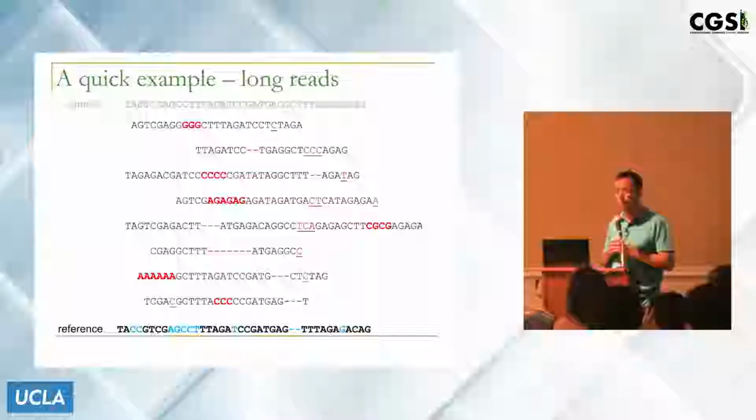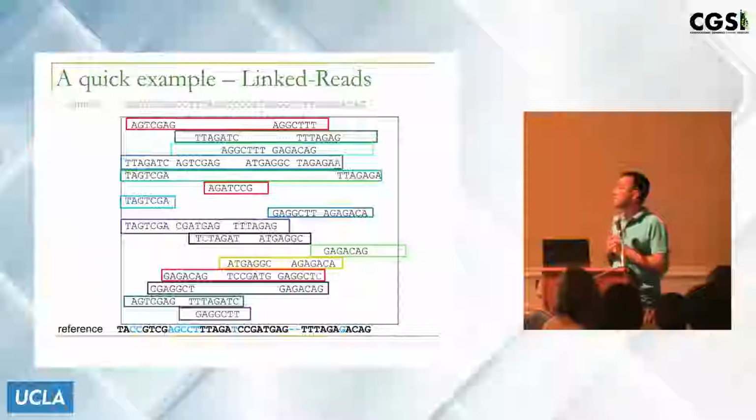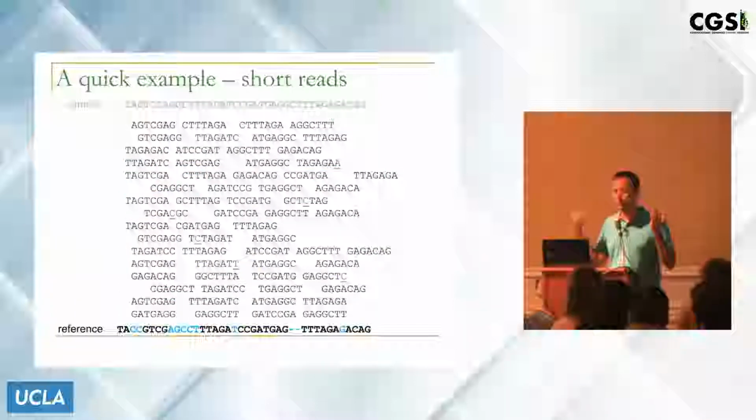So it has the same error profile, 0.1% substitution errors, but you can also link some of those reads together, which says basically that they are coming within 30 to 50 kb of each other, typically, and they are also coming from the same haplotype. Obviously, for human genomes, we are diploid, so some of those are coming from one haplotype, some of them are coming from the other haplotype, which also contributes to this error, right?